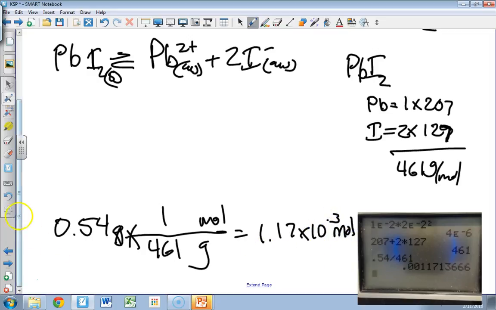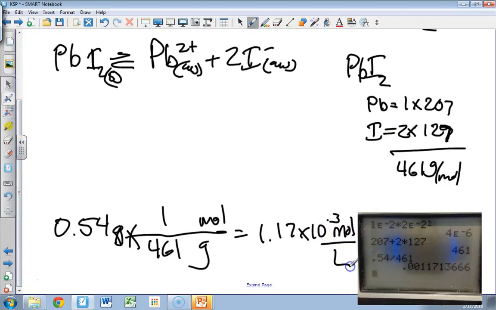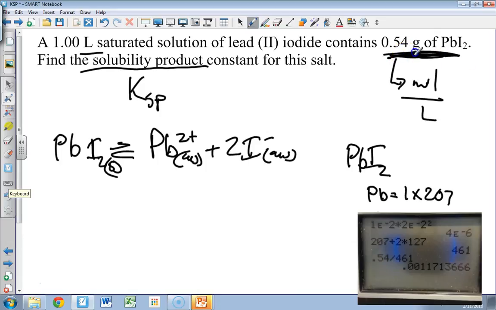Now, to get the concentration, we divide by the liters, and it's 1 liter, so it stays that molarity. Now, that tells us how much of this dissolves. Well, for every one of these that dissolves, one of these is being made.